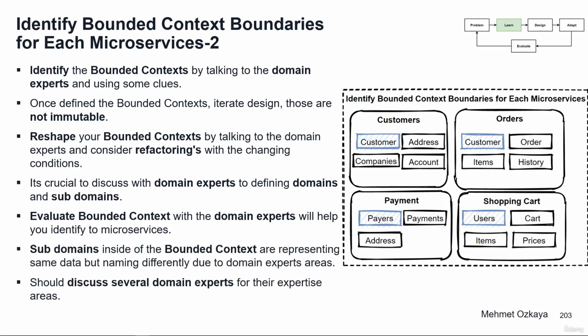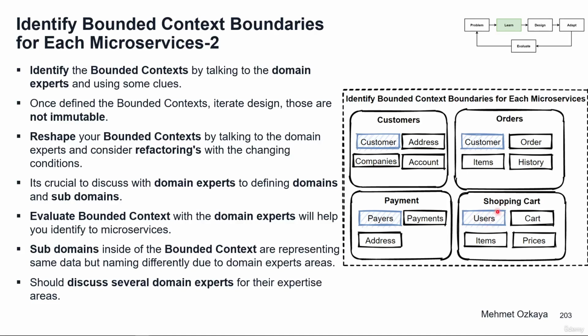As we said, there are subdomains inside the bounded context, and our subdomains may represent the same data but be named differently due to domain expert areas. That means we should discuss with several domain experts about their expertise areas. For example, in the customers and orders domains the name is the same, customer, but maybe in the shopping cart they could name them users and so on.